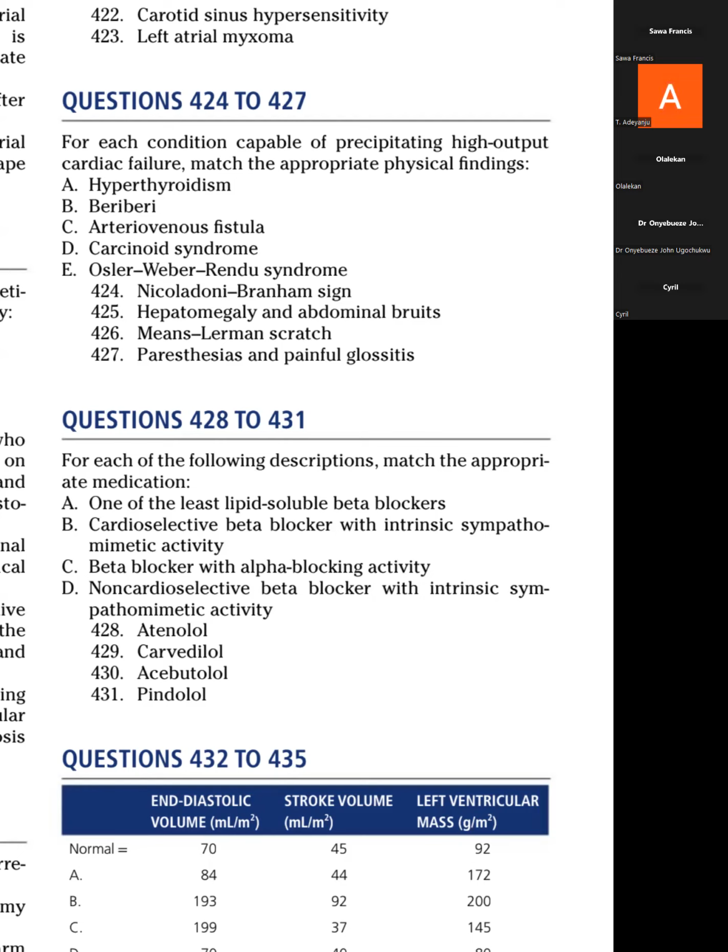Pindolol, of course, is the right option, a non-cardioselective beta blocker. So the two of them have been placed side by side. We have 430 acebutolol, which is a cardioselective beta blocker, and 431 pindolol, which is a non-cardioselective beta blocker, and the two have intrinsic sympathomimetic activity.